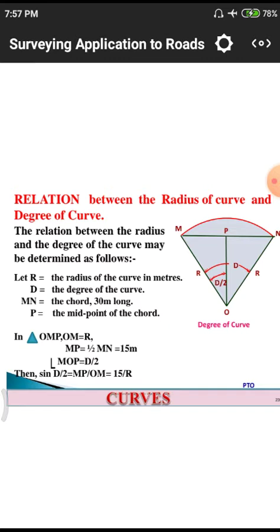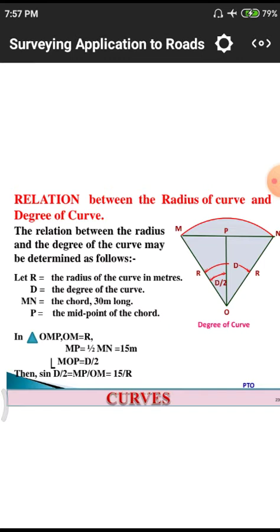By using simple equations, we have to observe the relation between the radius and the degree. First of all, let R be the radius of the curve in meters. Whatever the length may be, we need to take it in meters, not in inches.